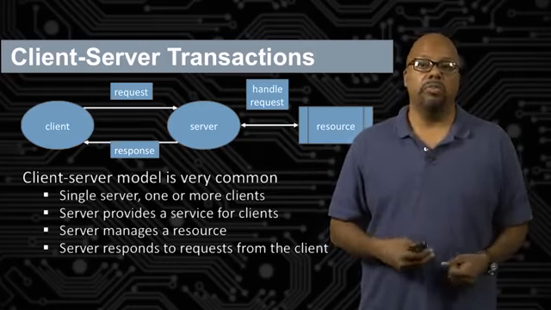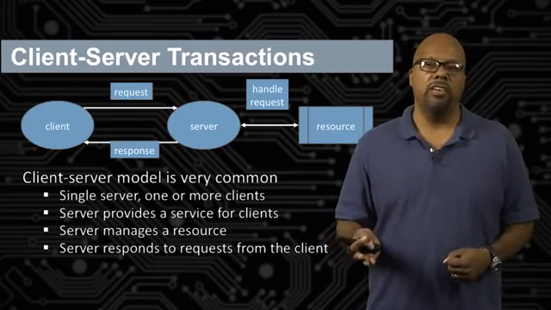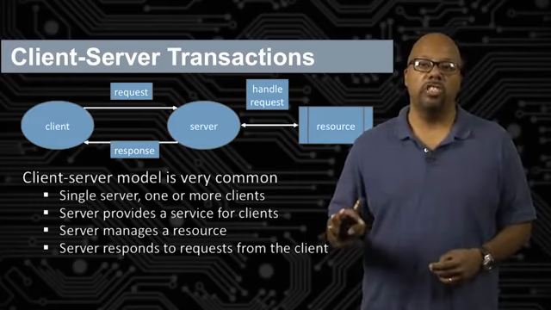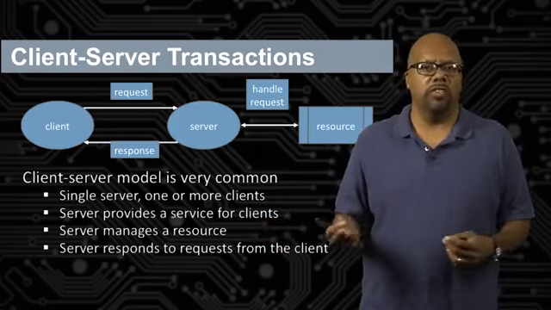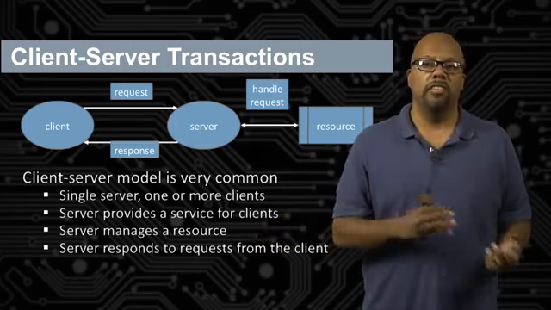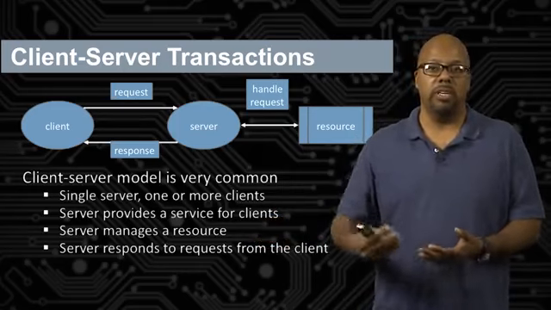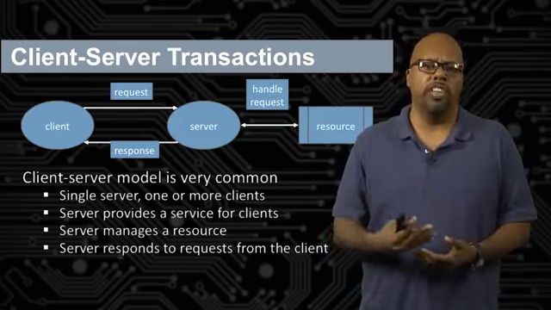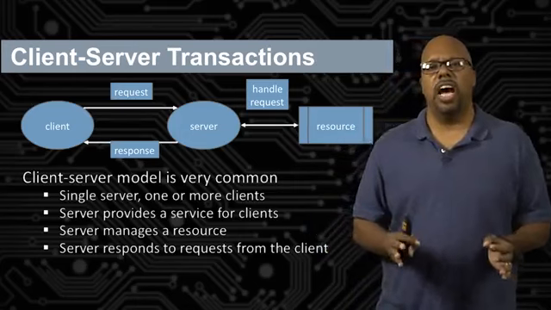The client, which might be the Internet of Things device, is communicating, making requests of the server to get whatever the appropriate information is. The server then manages the resource, handles the request, gets whatever is needed from the resource, and sends it back in the form of a response to the client. Maybe you see the web page, or you have whatever data you were looking for, or you get the movie that you wanted. This client-server model is very common.